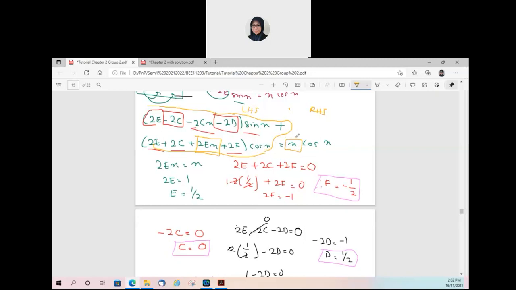Okay, kat depan ni, sebenarnya X ni, this X is actually X plus 0. Betul tak? So, dekat sini you tengok yang mana ada X dekat dalam kurungan ni. 2EX. Jadi 2EX sama juga dengan X ni.